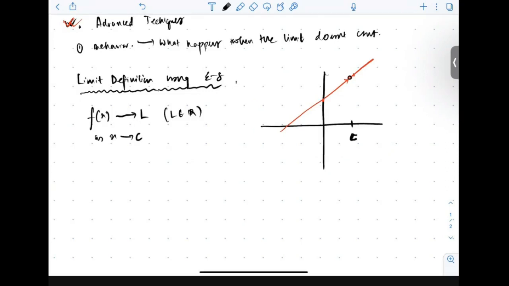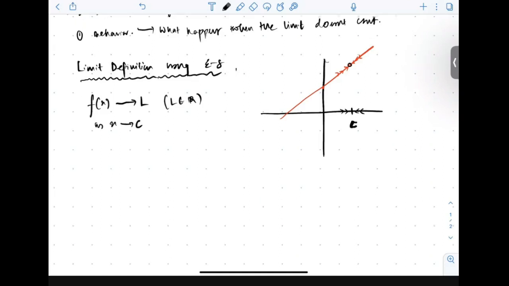The functional value may not exist, so you have to check using the definition. Just remember that. The basic idea is that when x tends towards a certain value, f(x) also tends towards a certain value, the limit value.